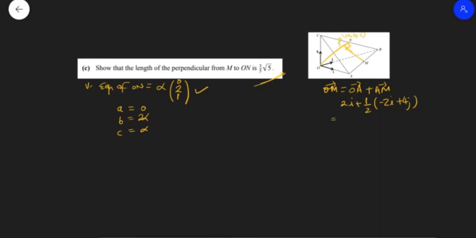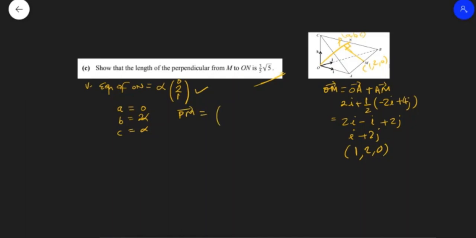Alright, so what does OM become? 2i minus i plus 2j. So that comes i plus 2j. Alright, that's OM for us. Now this also becomes the coordinates of M: 1, 2 and 0. We can write it here.